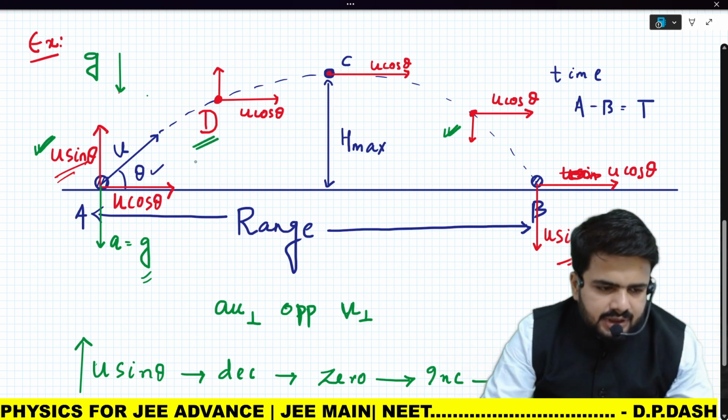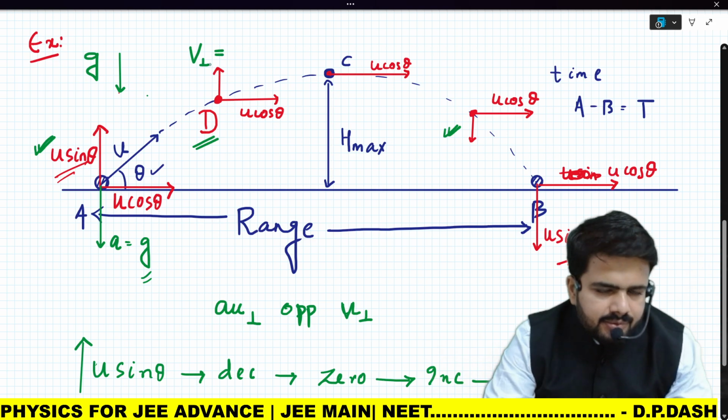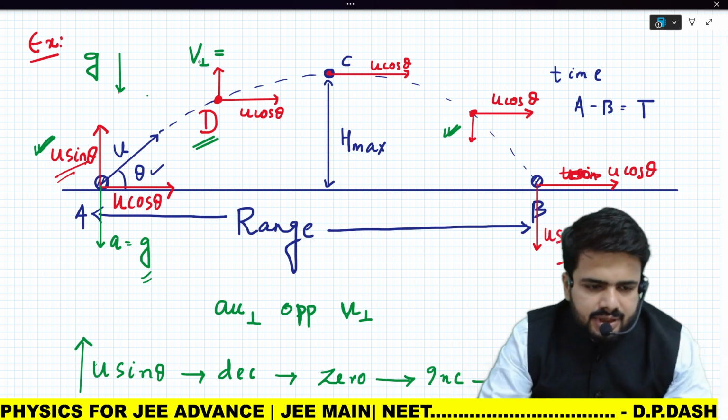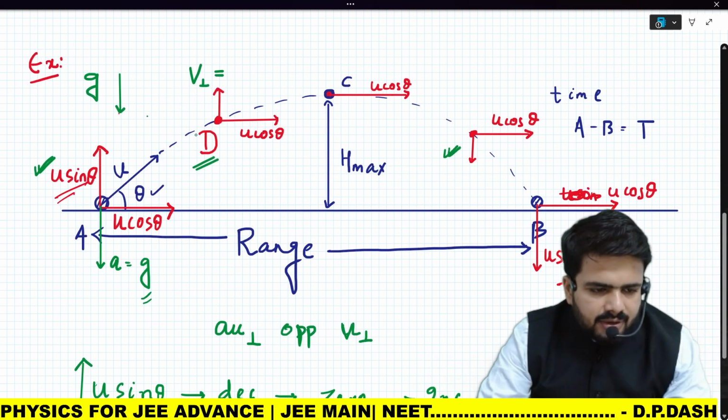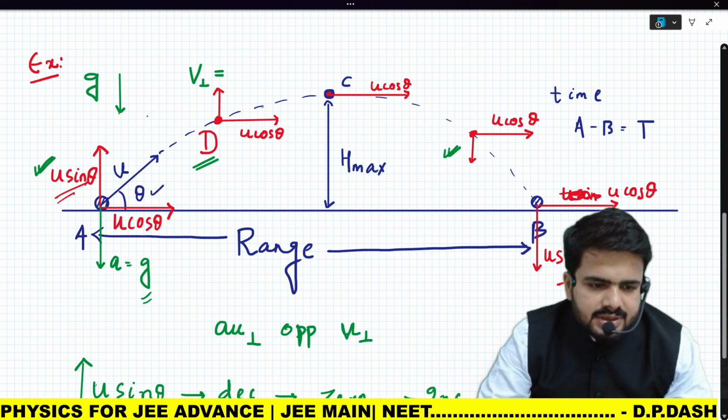So you focus on this D point. Here on this D point, what would be the velocity? Perpendicular velocity. We have discussed here that the velocity will decrease. But now my question is, how much will be the velocity? So you can simply use the equation of motion formula, V equals U plus AT.